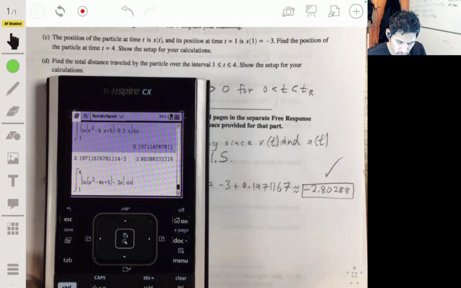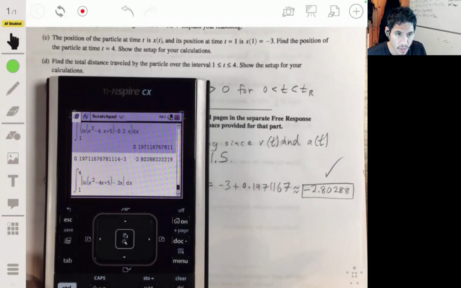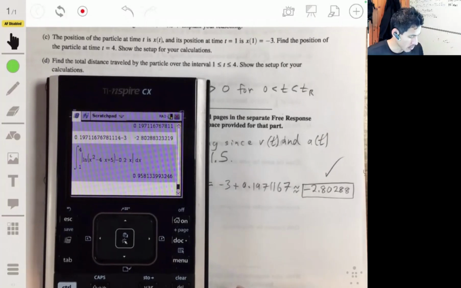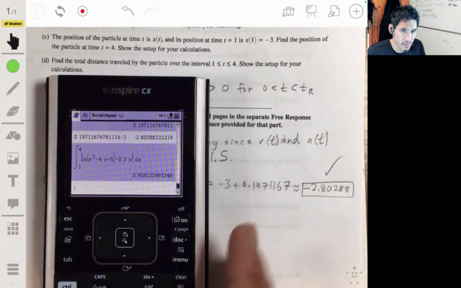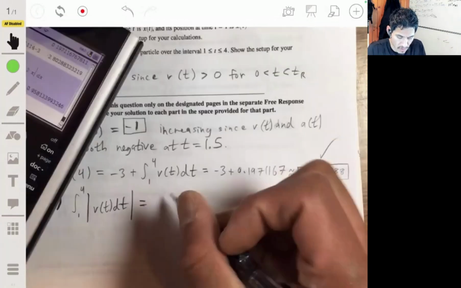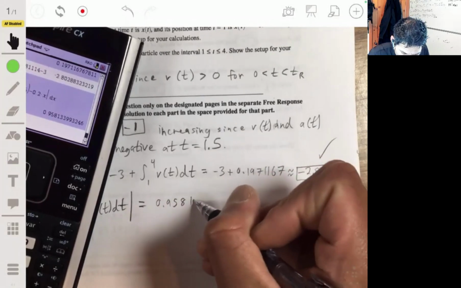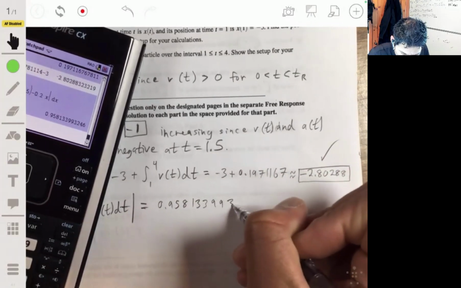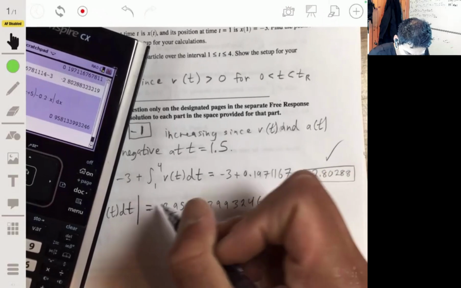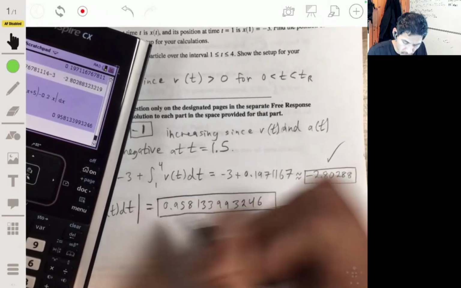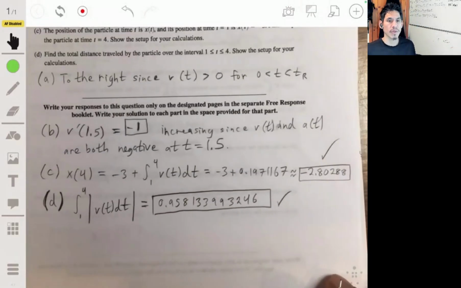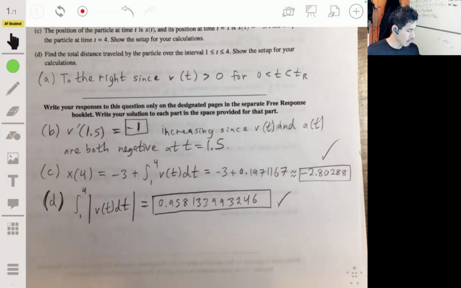Here we go. 0.95881 on all that. 0.9581339932246. All right, so there we go.